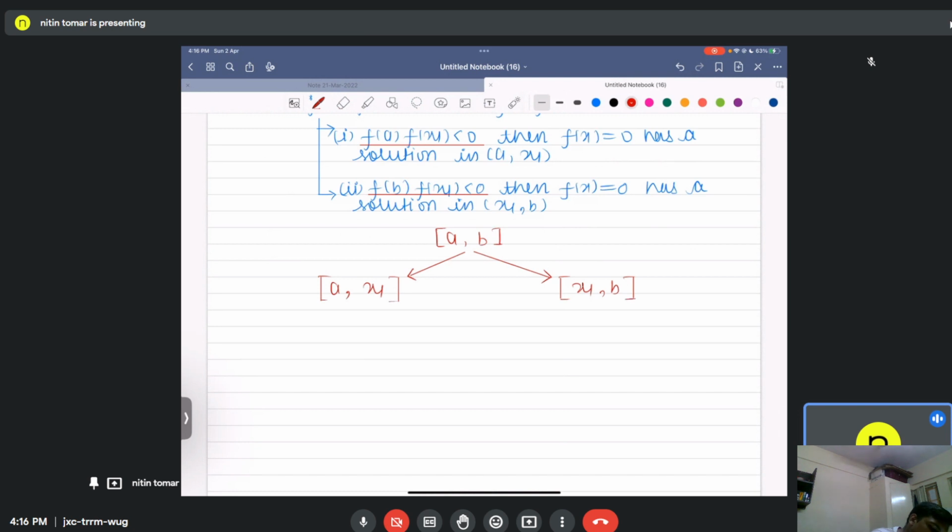So what do we have? If this length is b minus a at this stage, what is the length of the interval at this stage? Both the intervals have length b minus a by 2 because x1 was the midpoint, right?